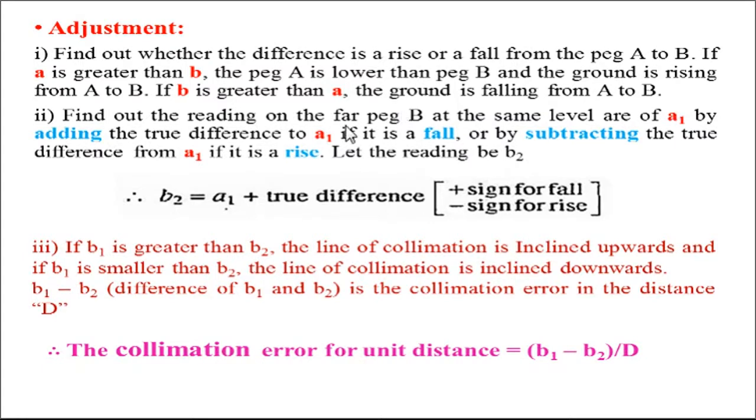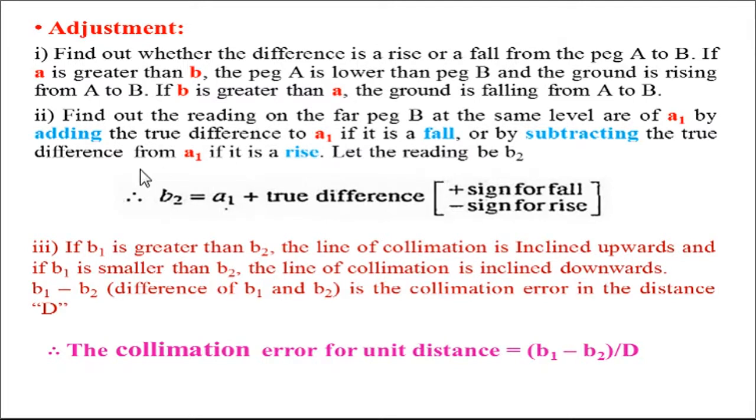Next step, find the reading on the far peg B at the same level of A1, by adding the true difference to reading A1 if it is a fall, or by subtracting the true difference from A1 if it is a rise.